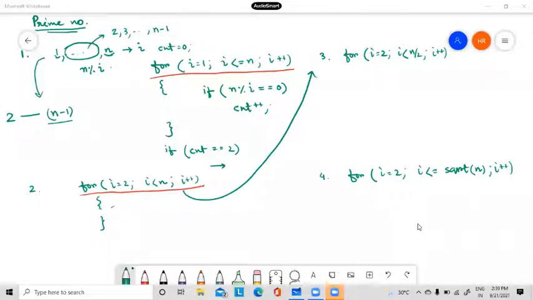The best parameter is the time, or time complexity. So we try to understand among these 4 solutions for checking whether a given number is prime or not, which one is the best with respect to time complexity, not space complexity.